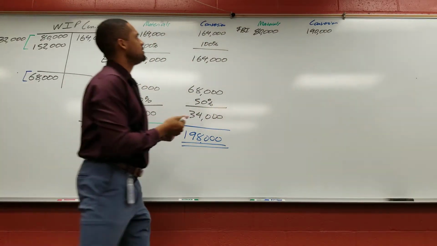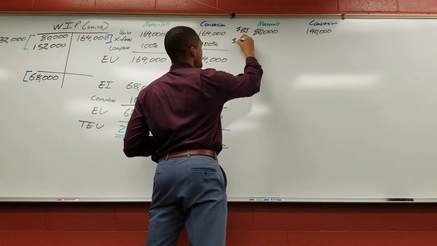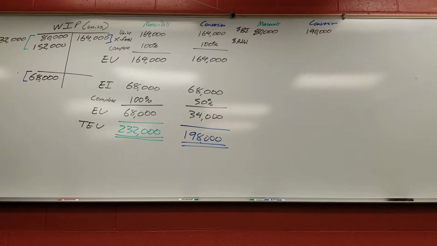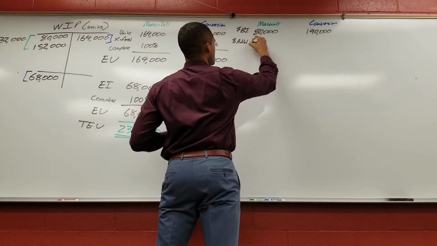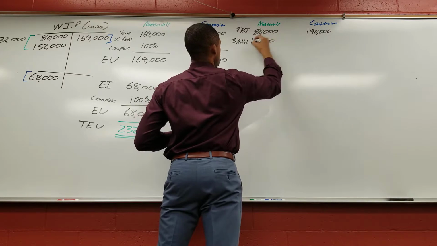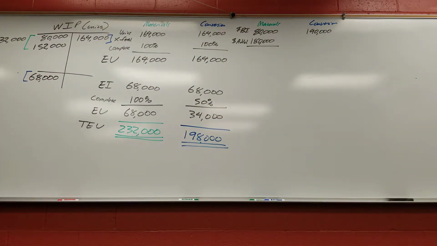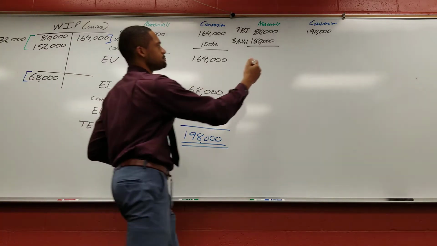Next thing we need is any costs that got added. Materials, they tell us the current period costs. Direct materials cost was $180,000 added. Conversion, it tells us they added $314,000.